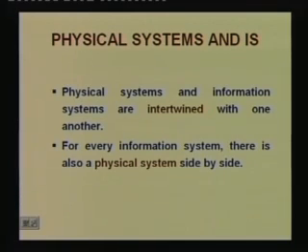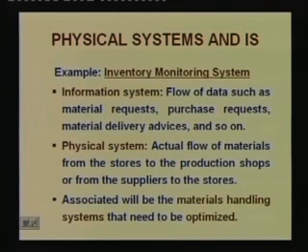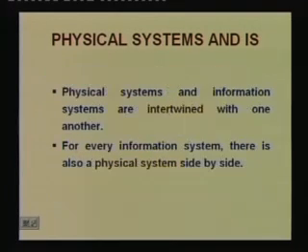We should have, or we must have, or we are always having something like a physical system which is also very much present along with the information system. To understand that, that is our example, an inventory monitoring system. We will come to that. Basically, suppose think of an inventory monitoring system.